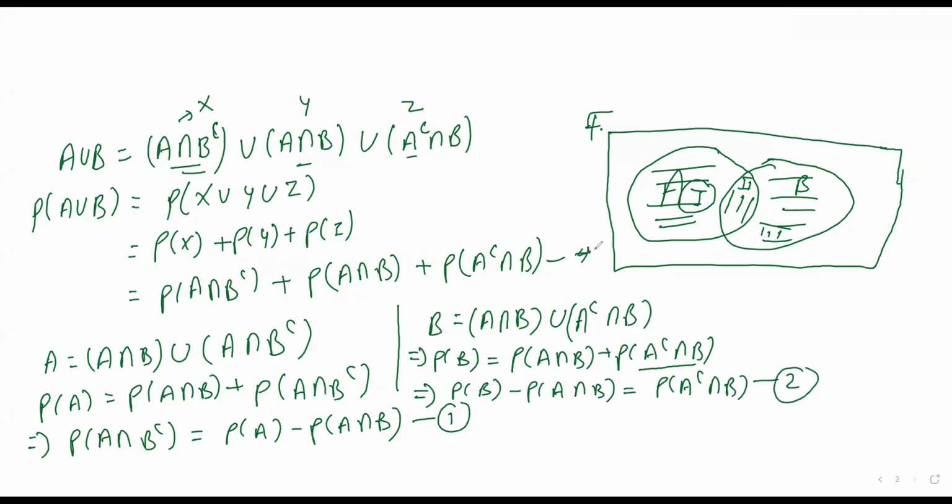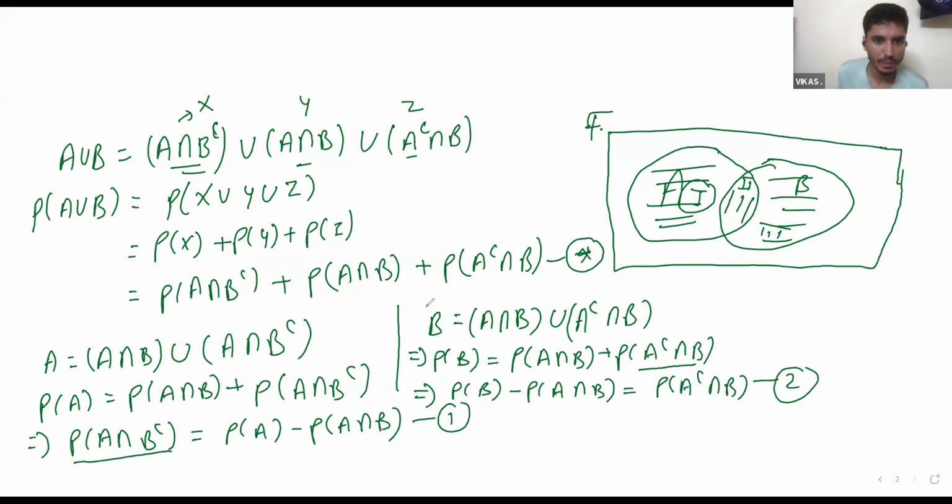If this is equation star, then what can I write? I am putting in the value of A intersection B complement from the first equation, and the value of A complement intersection B from the second.